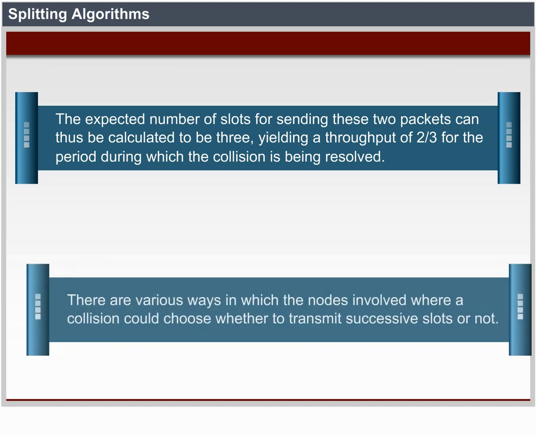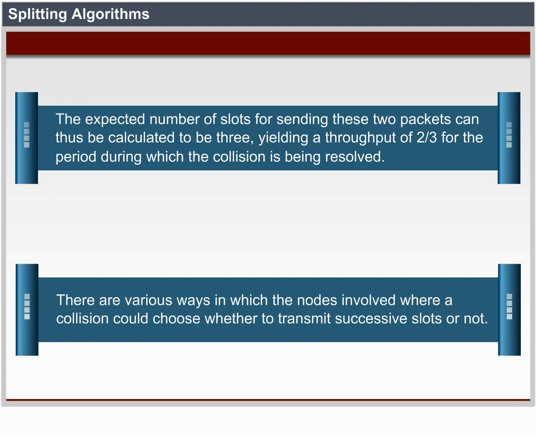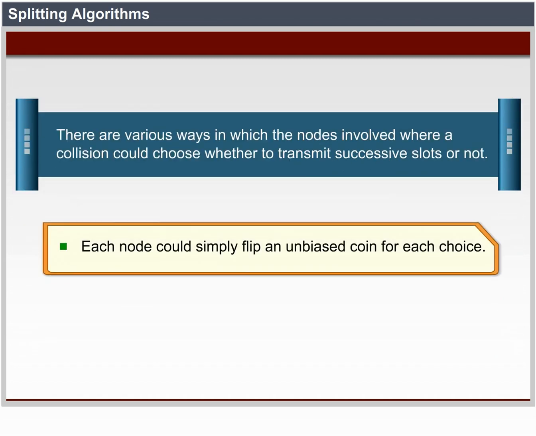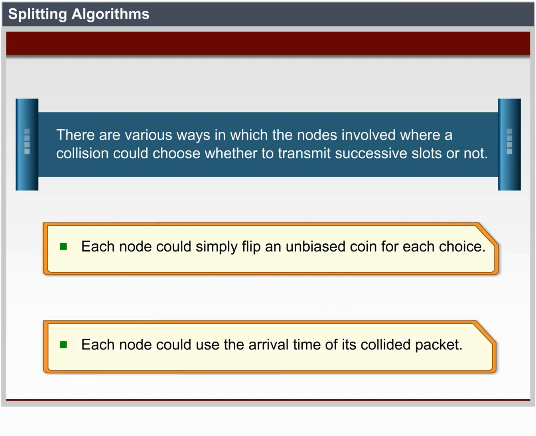There are various ways in which the nodes involved in a collision could choose whether or not to transmit in successive slots. Each node could simply flip an unbiased coin for each choice. Each node could use the arrival time of its collided packet.